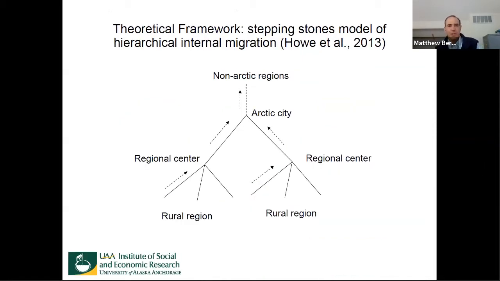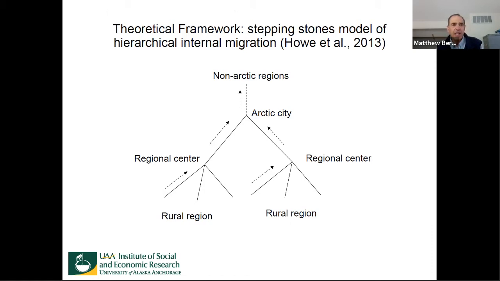So what's important to note, when we were looking at the patterns of mobility, this is with my colleague Lance Howe, we identified that people didn't generally move from these small villages of less than 1,000 people straight to an urban area.